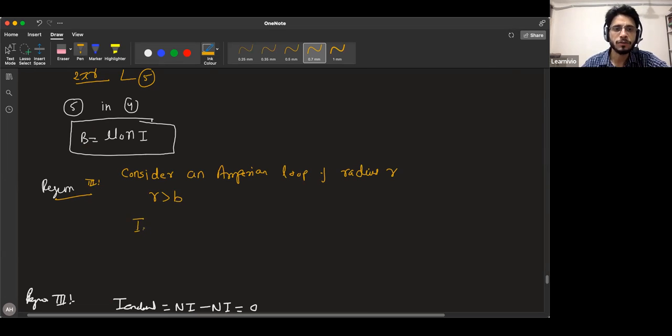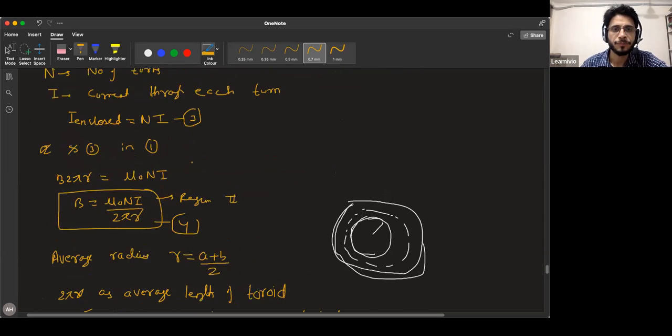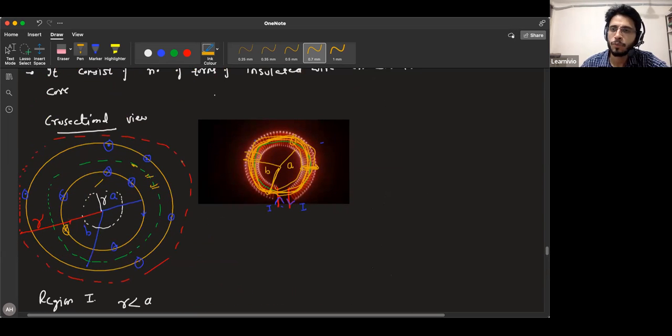I need I enclosed. See, this is your loop. These are N turns, and the current is coming outwards.